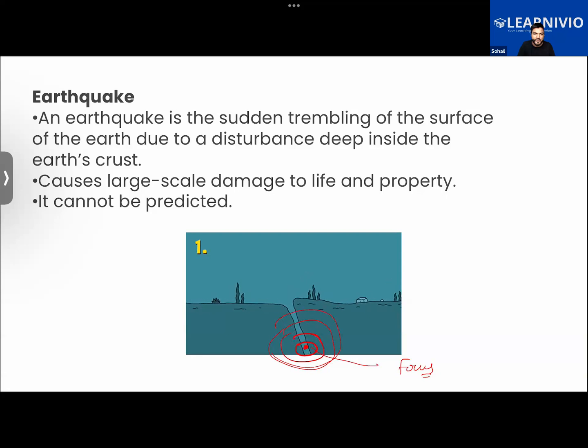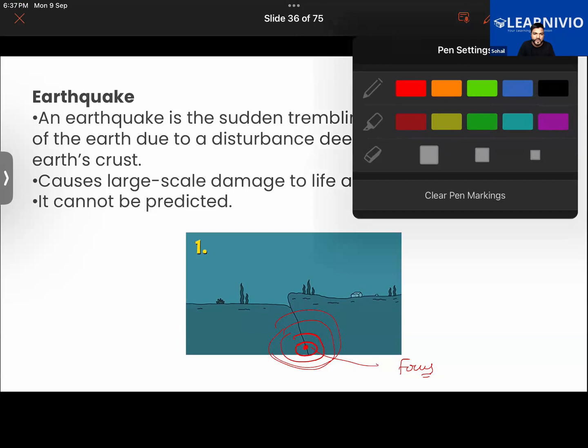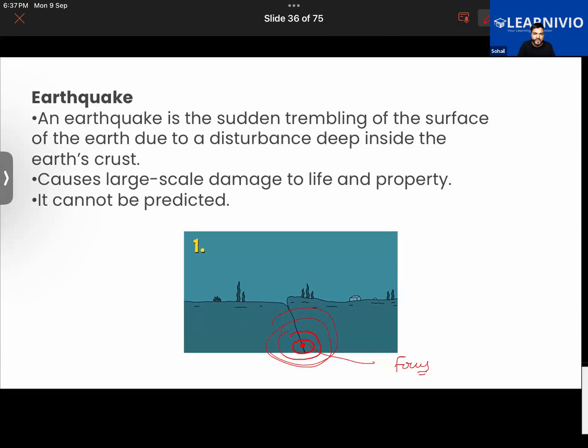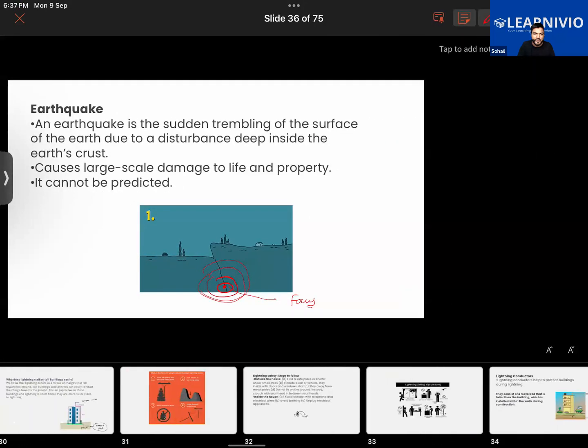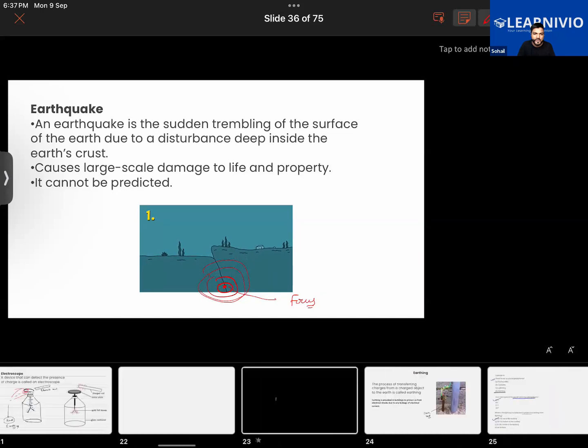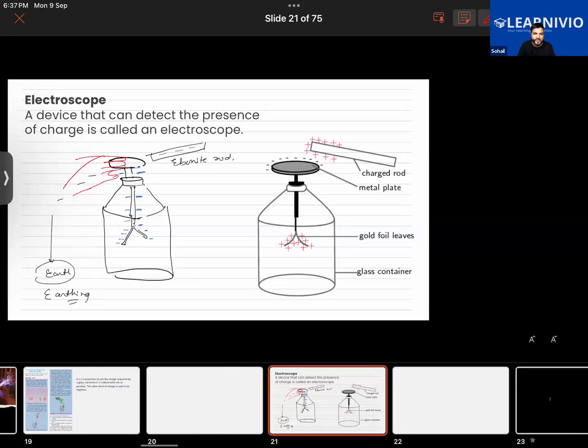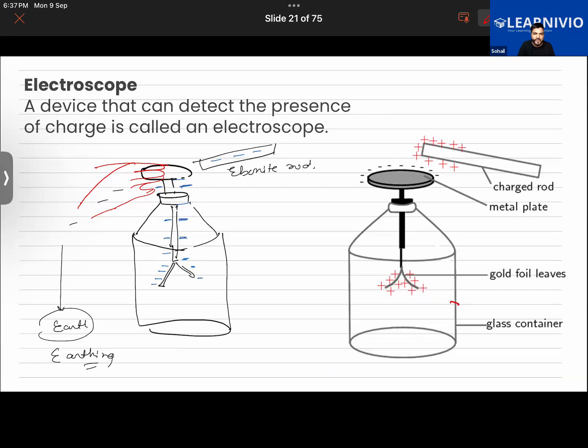Just 1 minute. What I was going to say, you can make an electroscope on your own. This question might be asked in the exam: write down the steps to make an electroscope. All you have to do is take an empty glass jar.